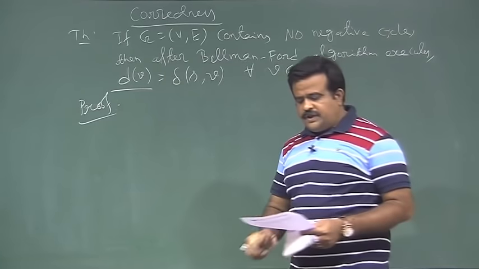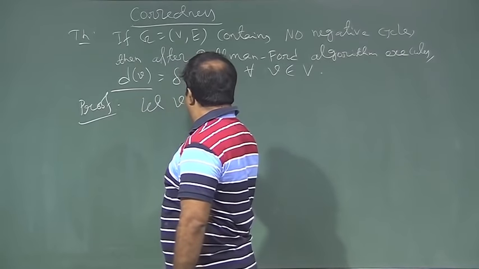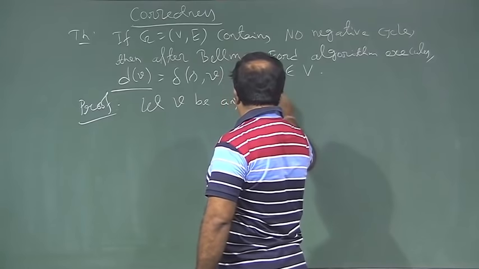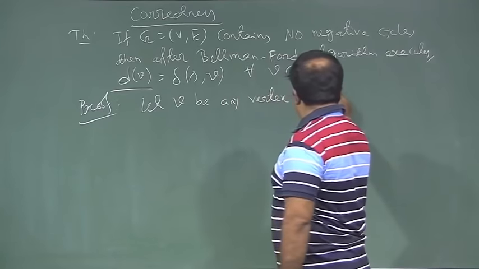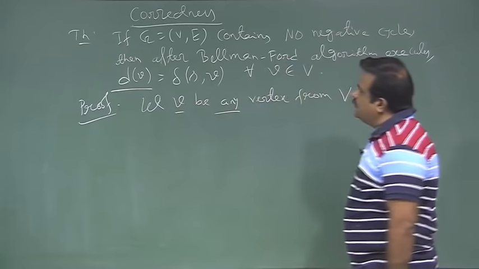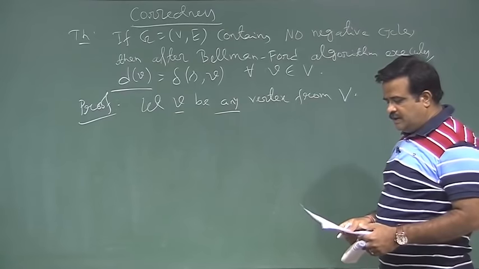To prove this, let v be any vertex from capital V, and we will show d of v is basically delta of s comma v.